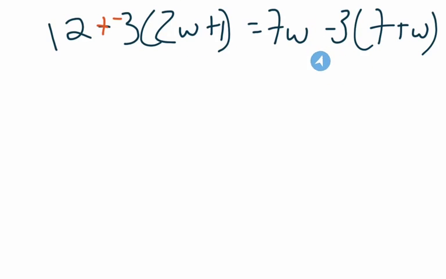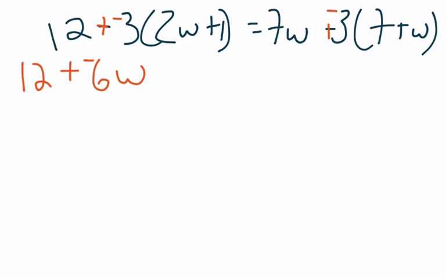Same deal over here. You're distributing a negative 3. One of the most common mistakes that happens in algebra is not distributing that negative. So 12, negative 3 times 2w, you can write either minus 6w, or if you want to keep with that plus negative, you can do plus negative 6w. Remember, there's no such thing as subtraction, so whatever's going to work best for you.